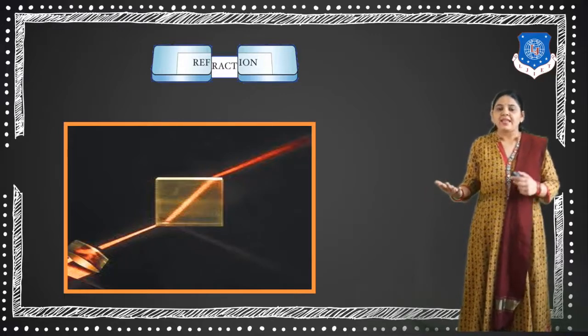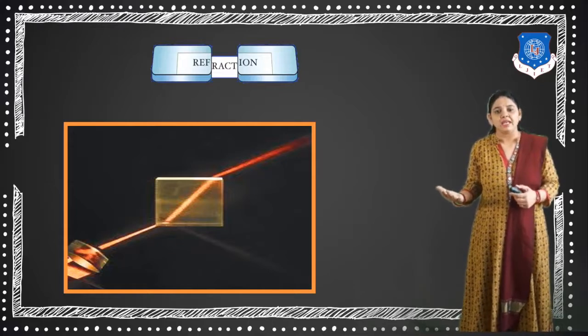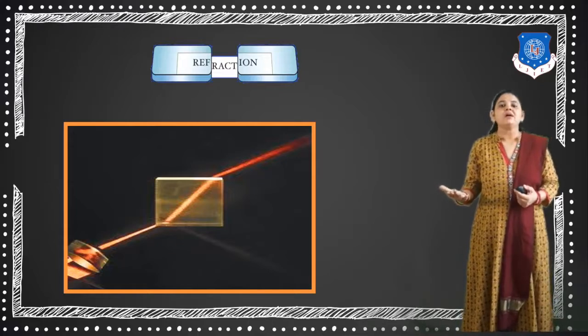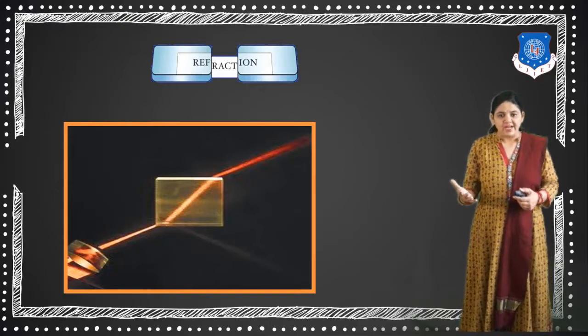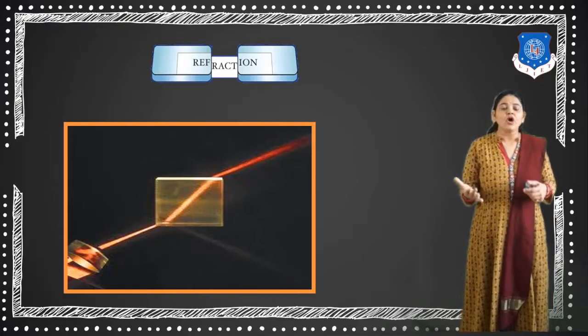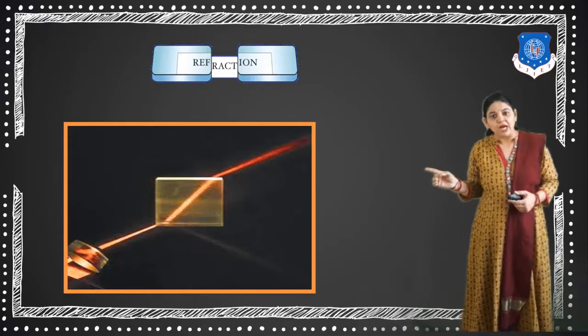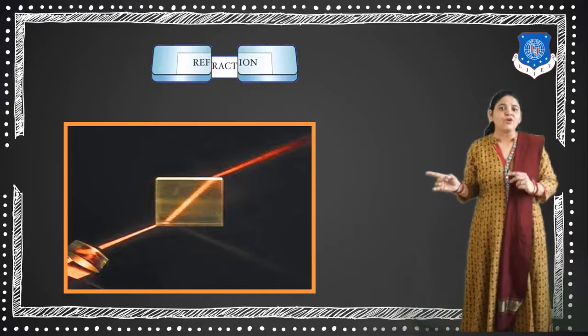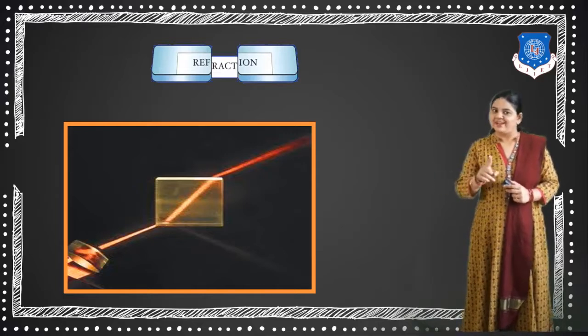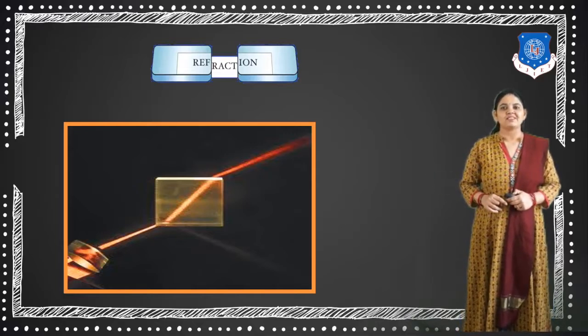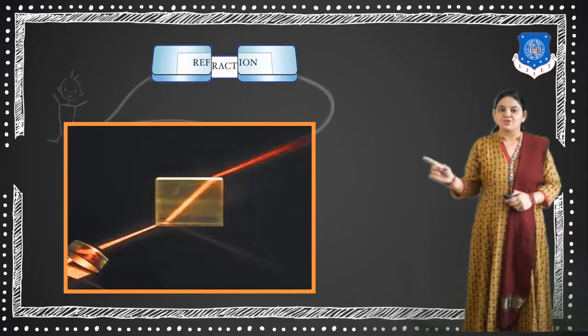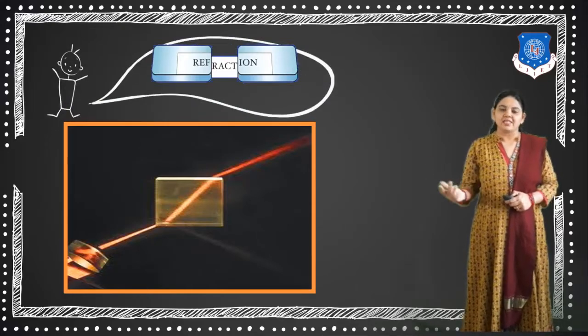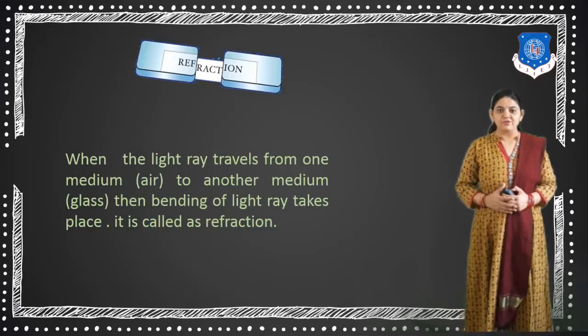So when the light passes from the air medium to the glass medium, at that time the bending of the light occurs, and this bending of the light is referred to as refraction. So you can see over here in the diagram how refraction occurs.